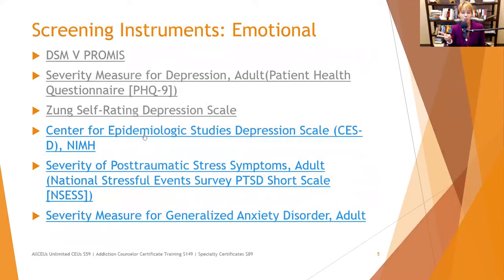These last 2 I included because symptoms of PTSD and generalized anxiety can overlap with symptoms of depression, but you can also have them concurrently. And if somebody has post-traumatic stress disorder and depression, for example, you have to treat both of them.